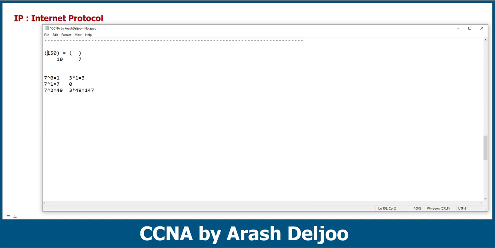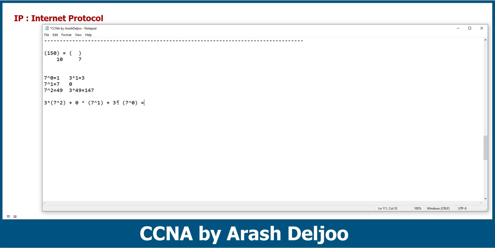This means that this value 150 in base 10 equals 3 multiplied by 7 to the power of 2, plus 0 multiplied by 7 to the power of 1, and after that, 3 multiplied by 7 to the power of 0.